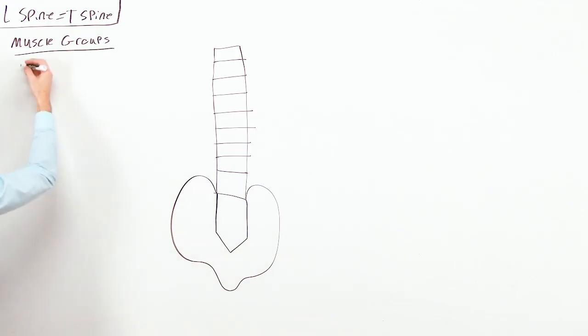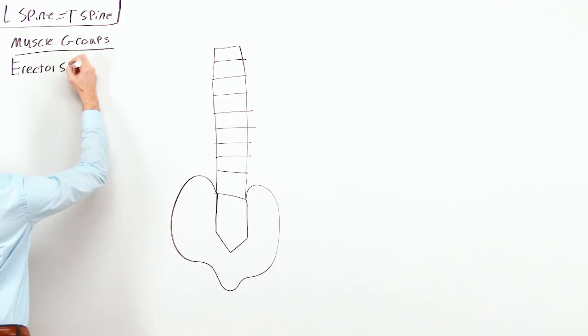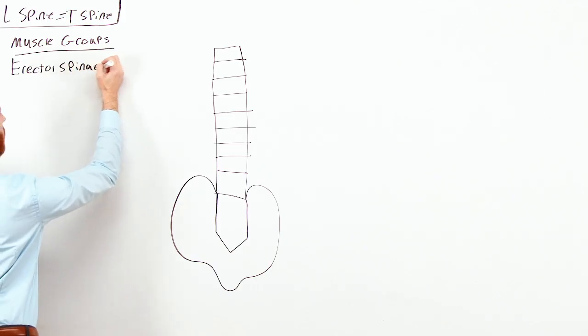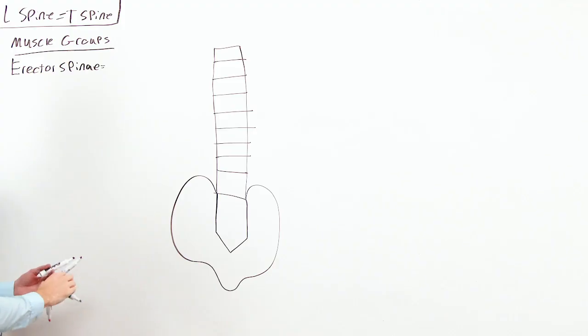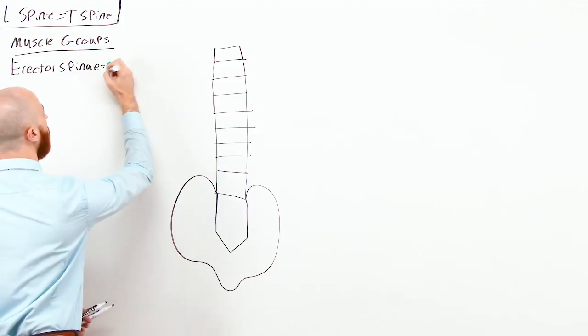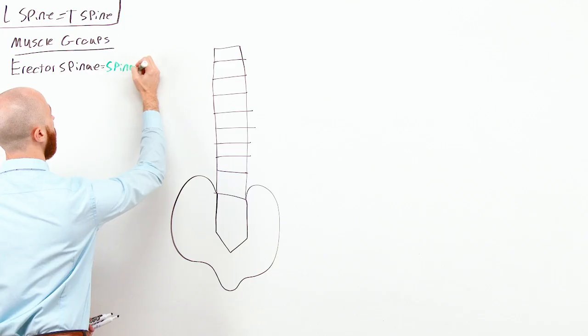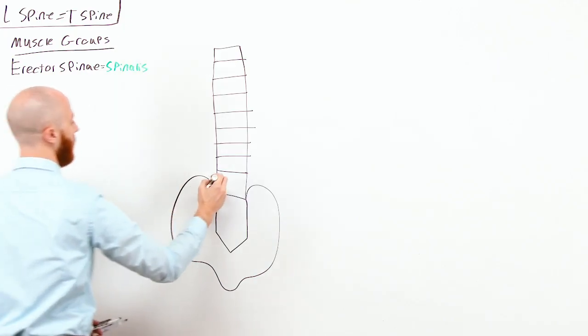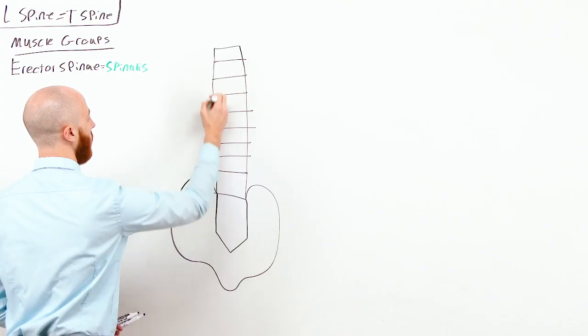So the large muscle groups that we're going to go over are the erector spinae, and this includes spinalis, which runs closest to the spine.